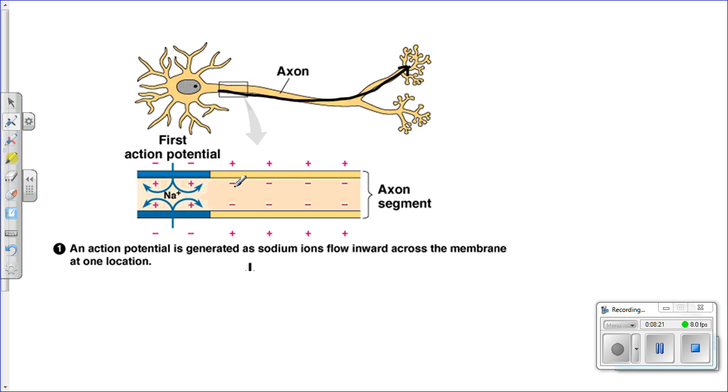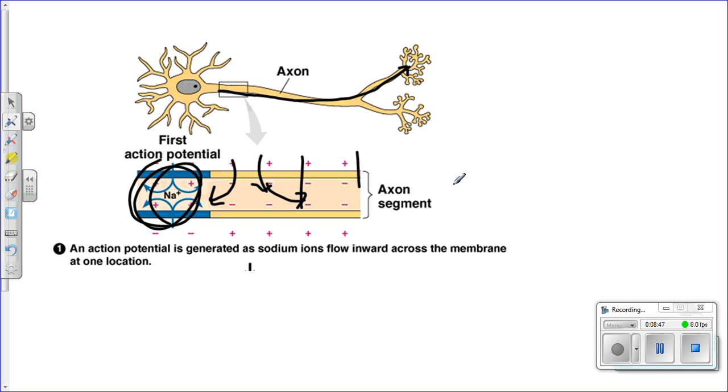This section then gets to the negative 55, and it causes the sodium gates to open. As this one starts to kick, the previous one is in the undershoot. So even though sodium is rushing in and pushing backwards, because it's in that undershoot, it won't cause the back area to refire again. That's one of the big purposes of the undershoot. This one then causes the next section to depolarize, and we keep going down.